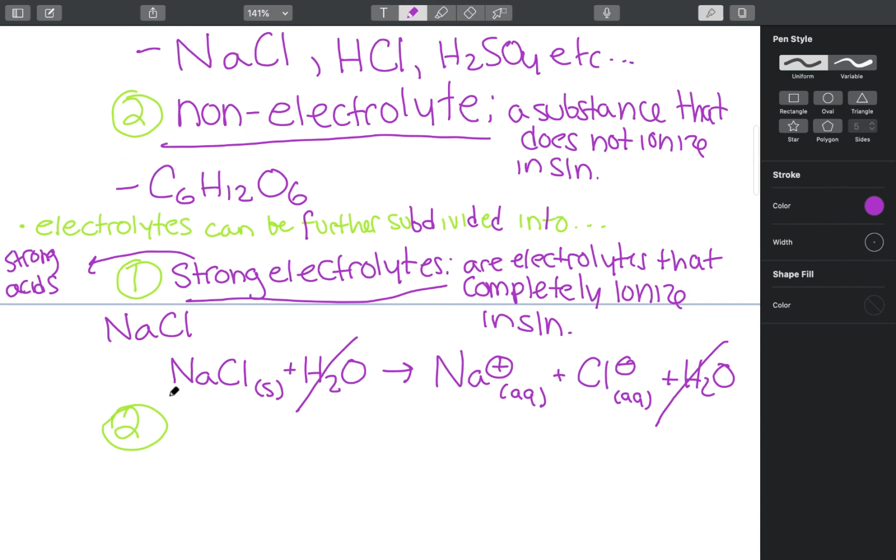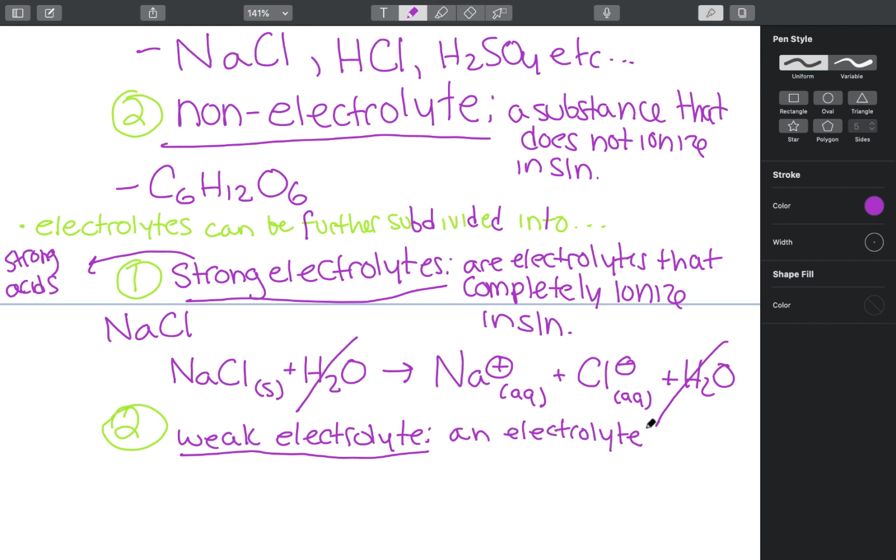So the second type of electrolyte is called a weak electrolyte. And a weak electrolyte is an electrolyte that does not completely ionize in solution.